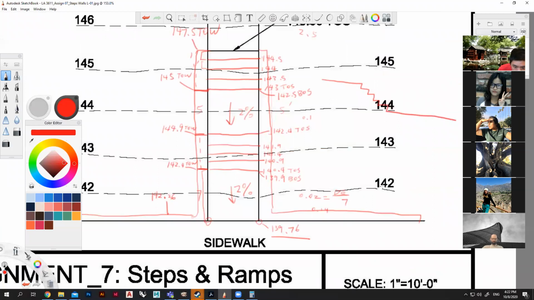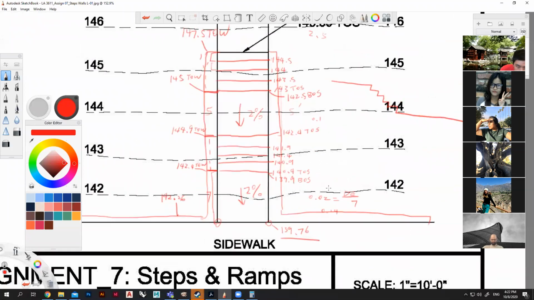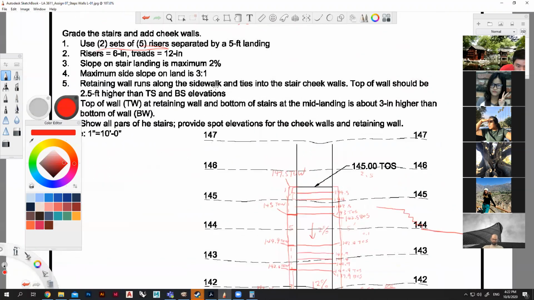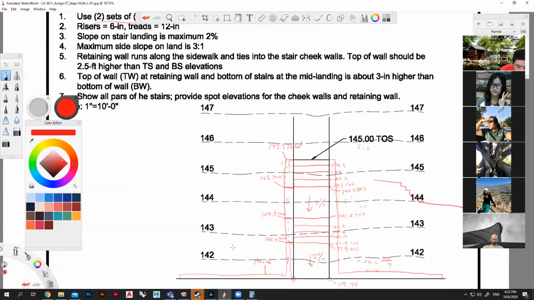Why do we need to know the max side slope? From the instructions, it gives us the maximum side slope on land. Why do we need to know that for the question? I don't know why they give you that information, but you don't really need it because you have the retaining wall. With that, you don't have to regrade anything.